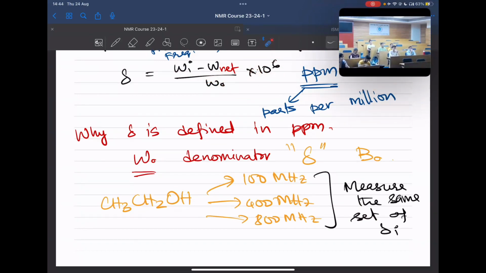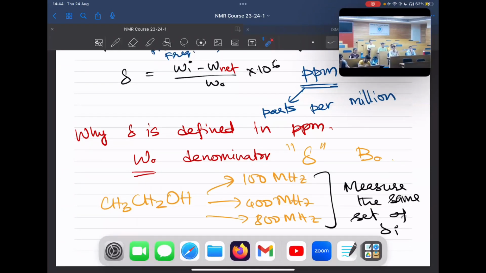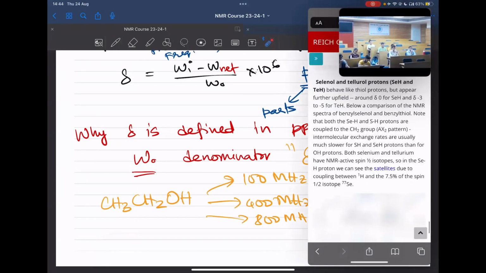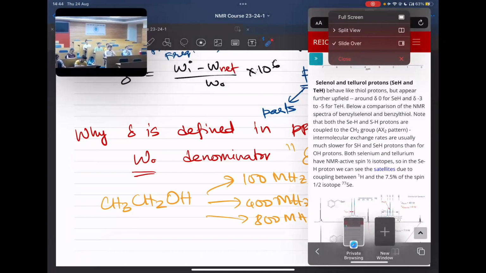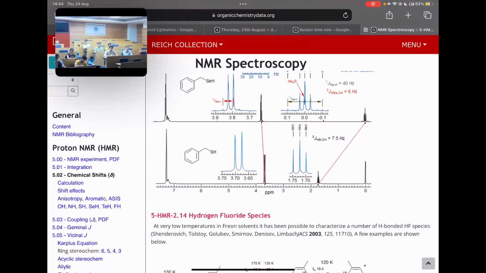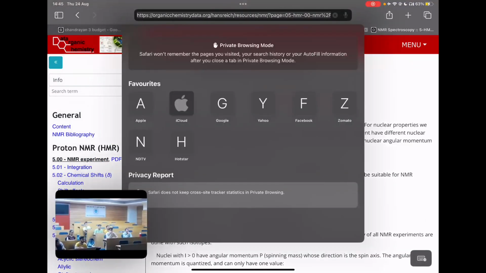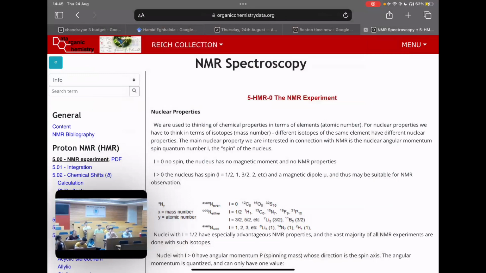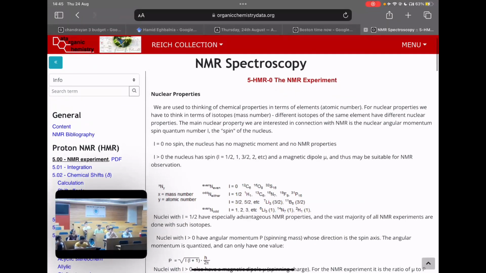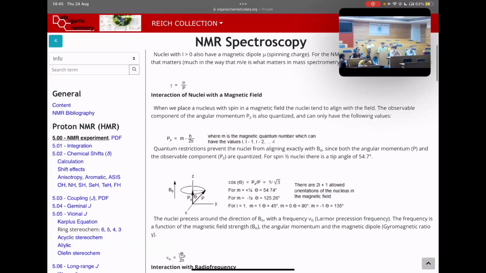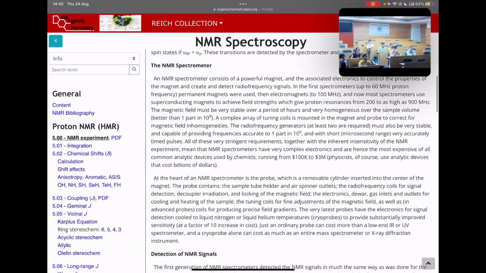Now, what I'm going to do is show you a few examples of the same. Previously, we have just taken some tentative numbers for ethanol, but now I'm going to show you those for some real molecules. This is a wonderful web page. If you go to organicchemistrydata.org, at the website I'm showing right now, you have a nice page where one would see some NMR theory, which we have already discussed, where they explain precession, how a spectrometer looks, and all that.